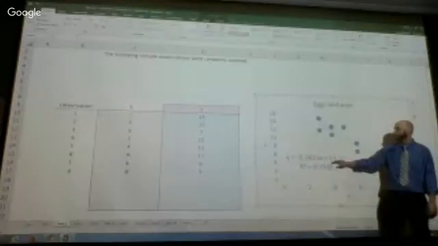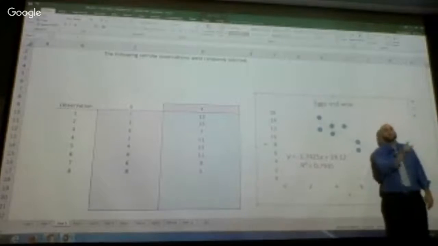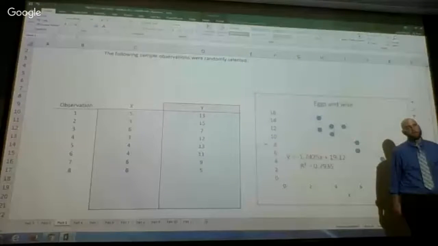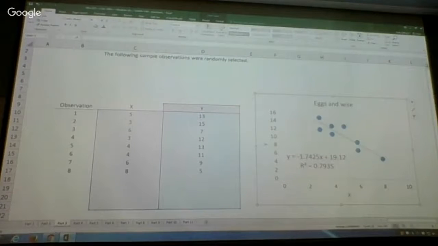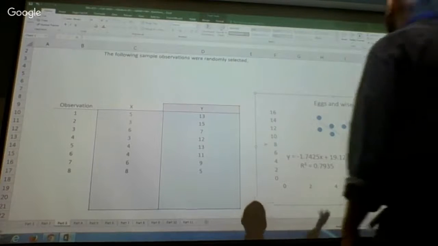What's the value for A? 19.12. What's the value for B? Negative 1.74.